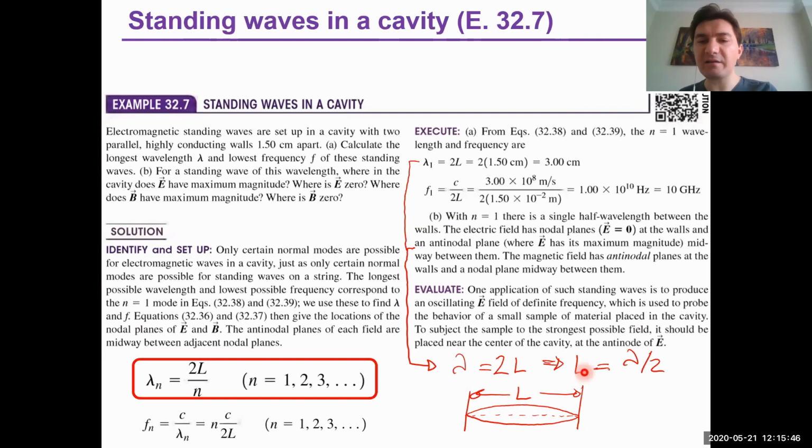And this L is given by lambda over two. So then the electric field is 0 here, on the surface of the metals, and the electric field at the center is maximum. And what about the magnetic field? The magnetic field is maximum here and also maximum here, and the magnetic field is minimum here, because there is a phase difference between the electric field and magnetic field of the standing waves.